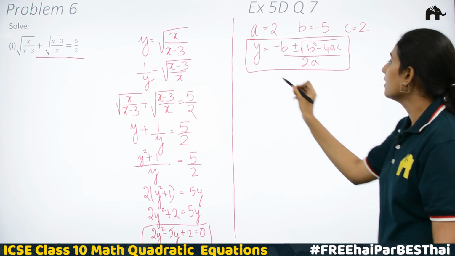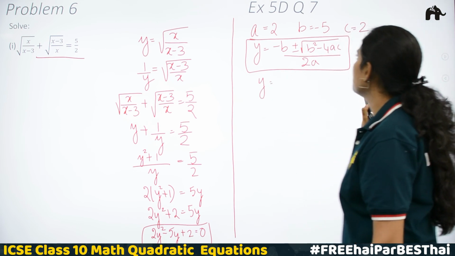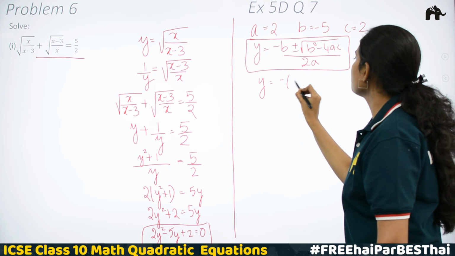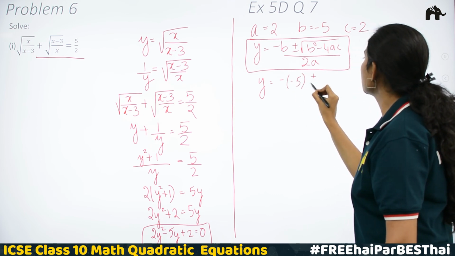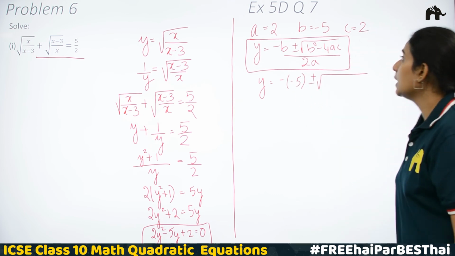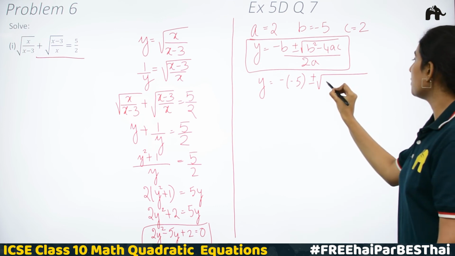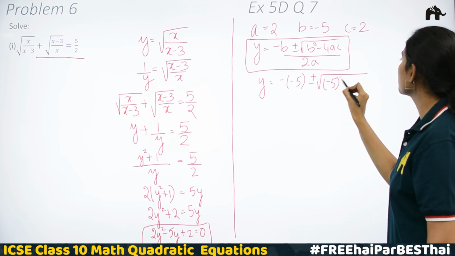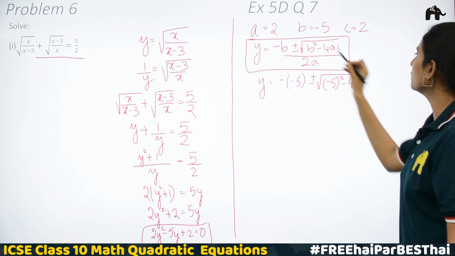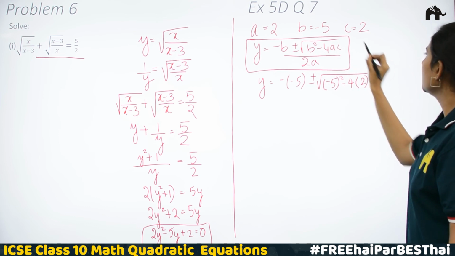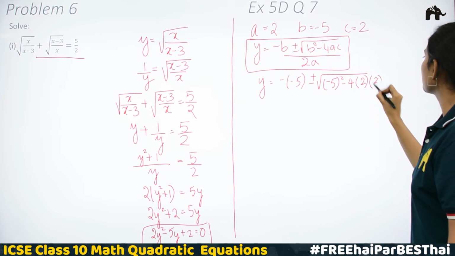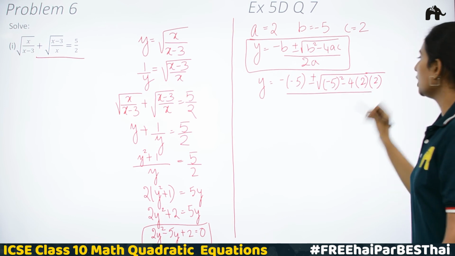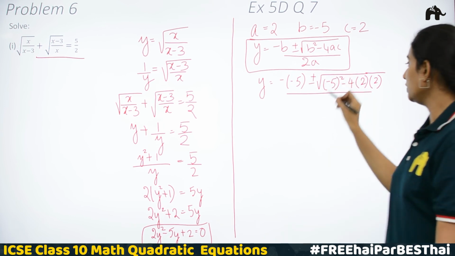Substitute the values. y is equal to minus of minus 5 plus or minus root of b square, that is minus 5 square, minus 4 into a is 2, c is equal to 2, divided by 2a, 2 into 2.